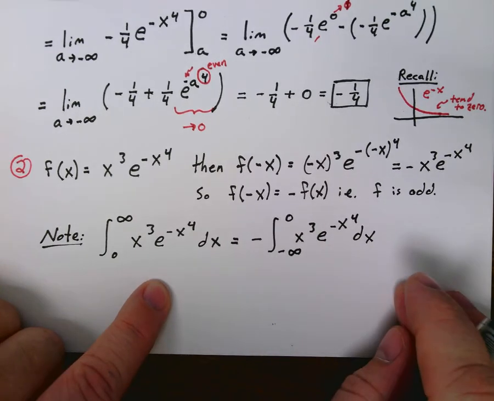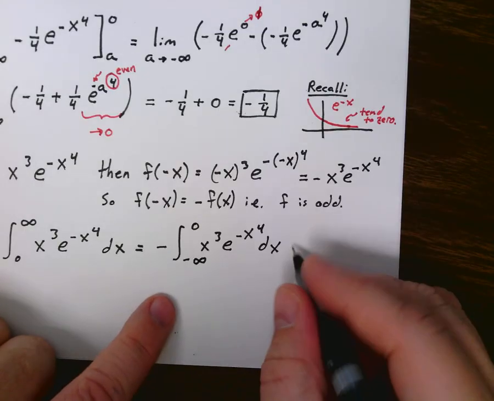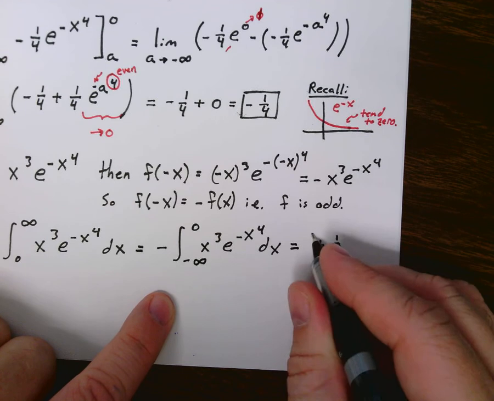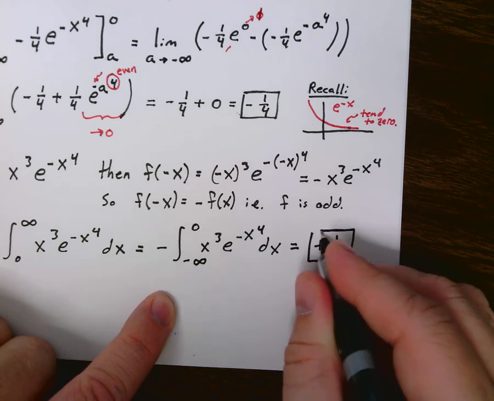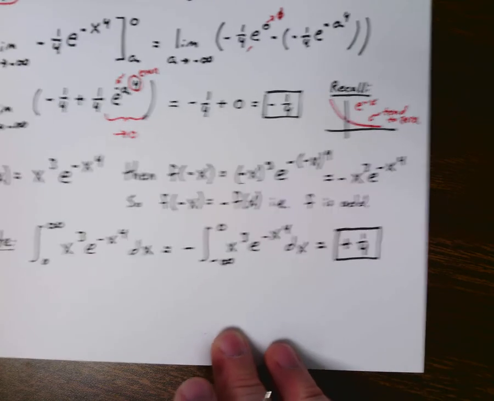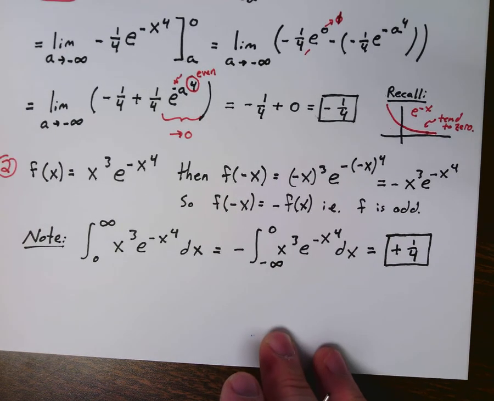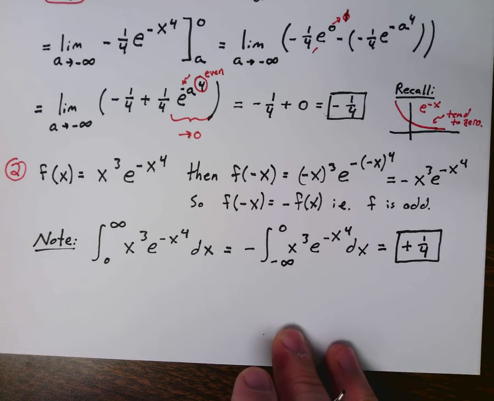And whenever you have symmetry like that, it makes life a lot easier. So that's just going to be positive 1/4. Cool.